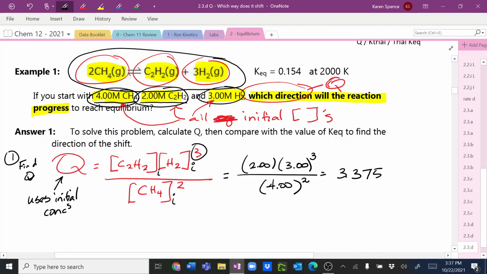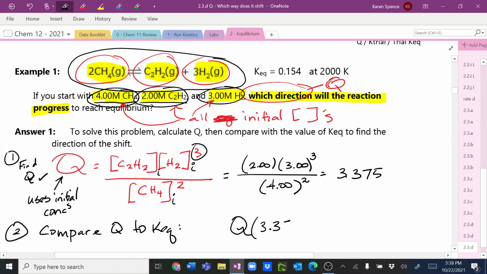Done. Number 2, you are going to compare Q to KEQ. And so we're going to write out our Q, which is 3.375. And it's really nice if you can show it this way. You can say, you've got your Q here and you give me the value. And then we're going to compare it with KEQ, which should be given in the problem somewhere.